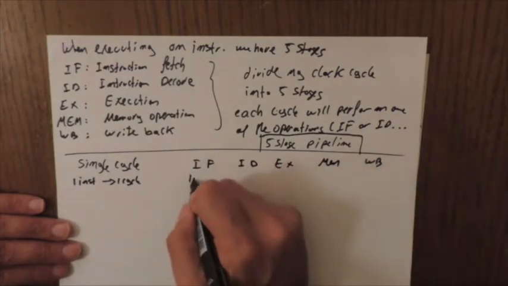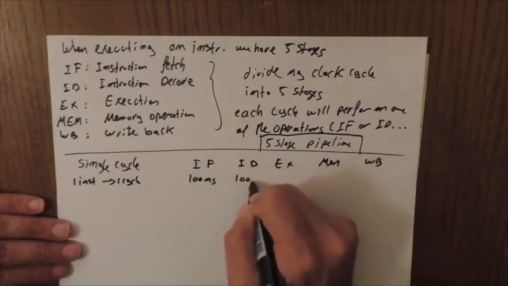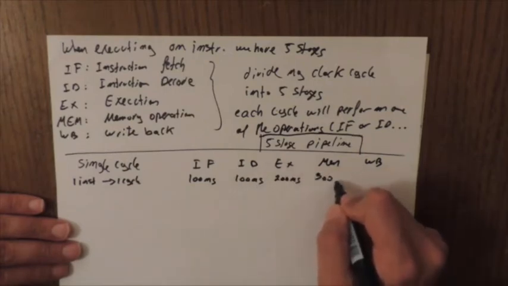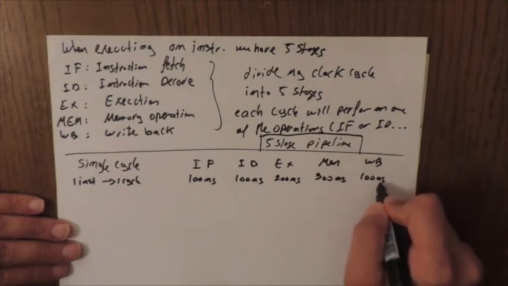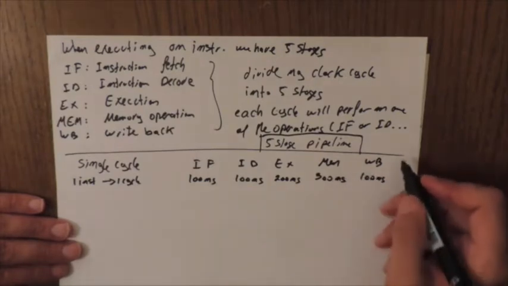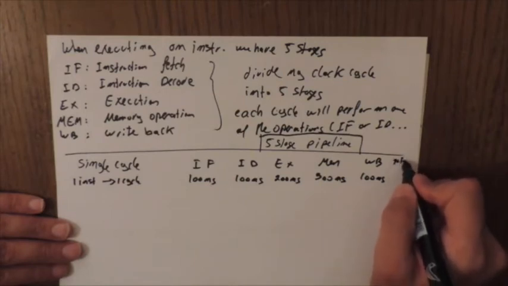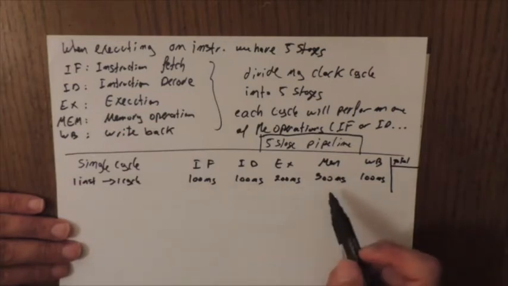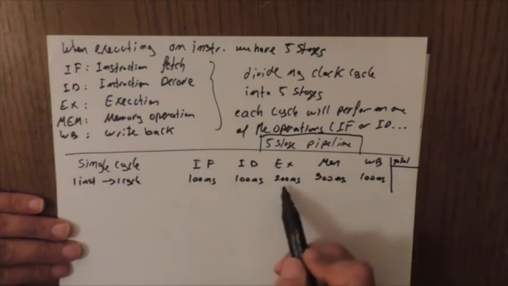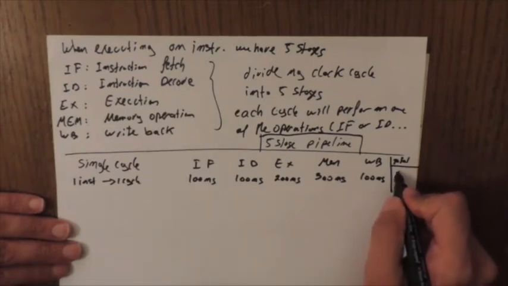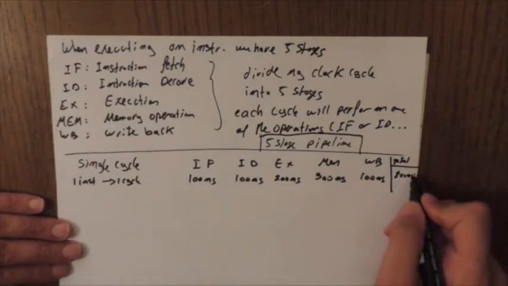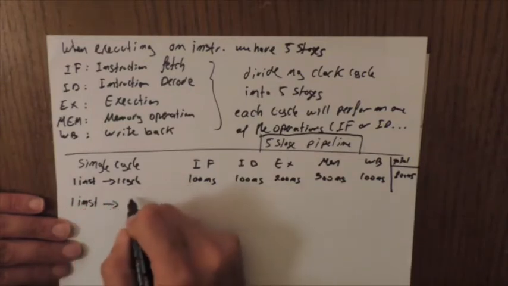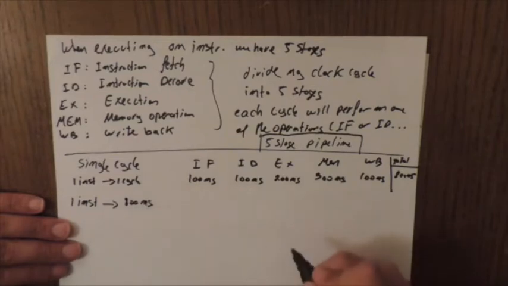So let's say this takes 100 nanoseconds, this takes another 100, this takes 200, and again 300 nanoseconds here, and this is 100 nanoseconds. So the time it takes to execute a single instruction will be 200, 400, 500, and 800 nanoseconds. So one instruction takes 800 nanoseconds.